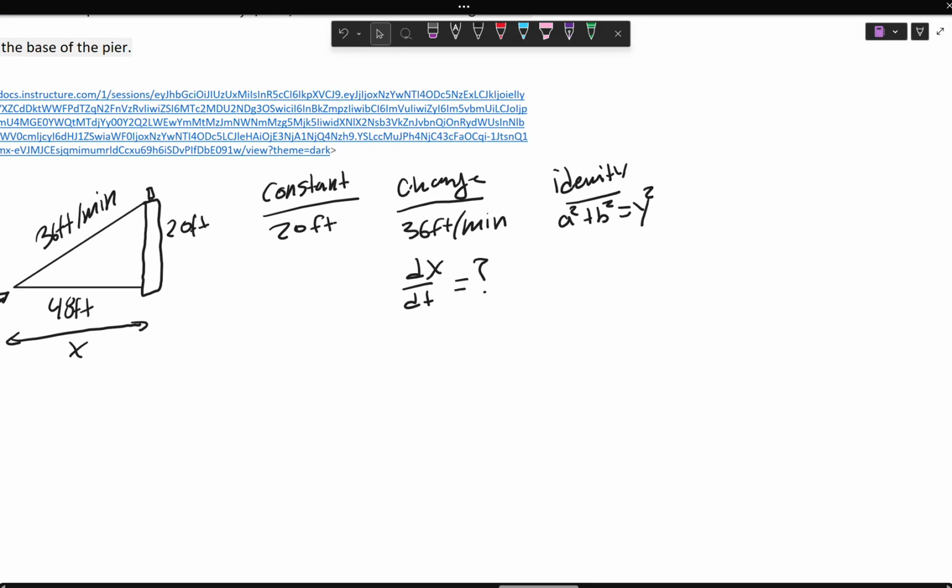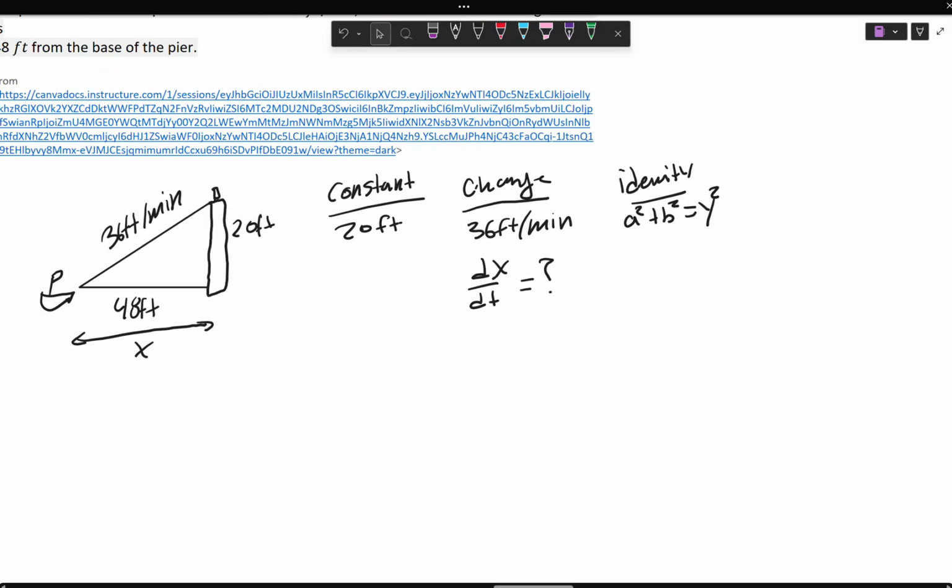So we have this, and we have to see how fast something is moving with respect to time. So how can we try to solve this?